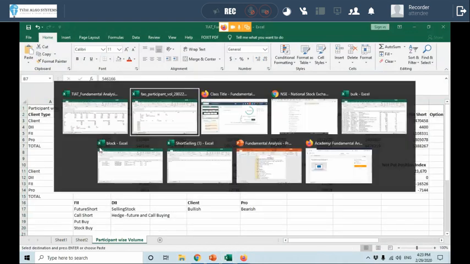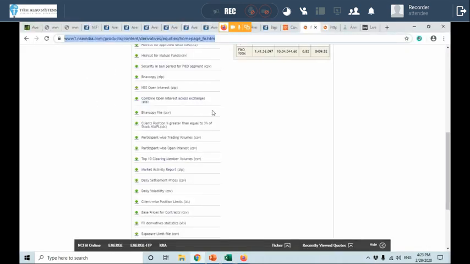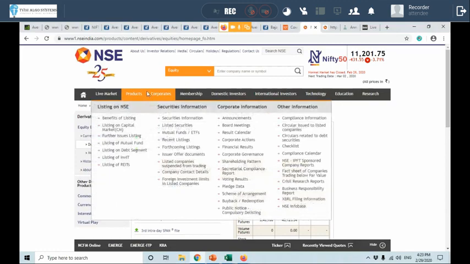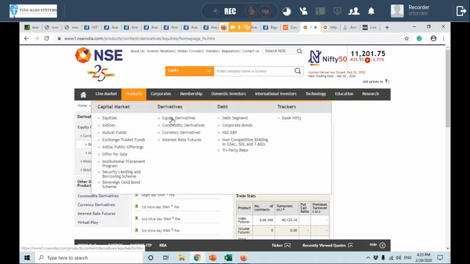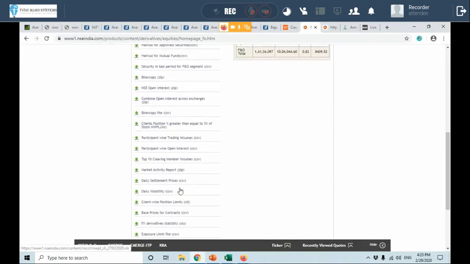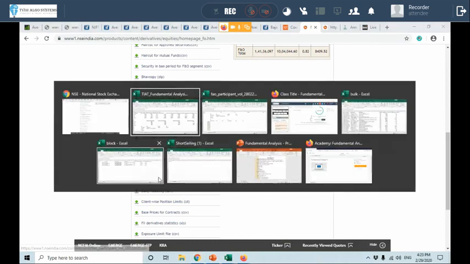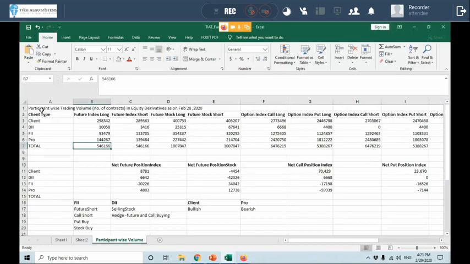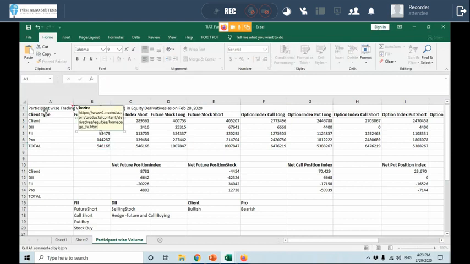I will show the path here also. Go to this particular link, products, equity derivatives, and the file name is participant wise trading volumes. Okay, so I am pasting this as a cell comment.